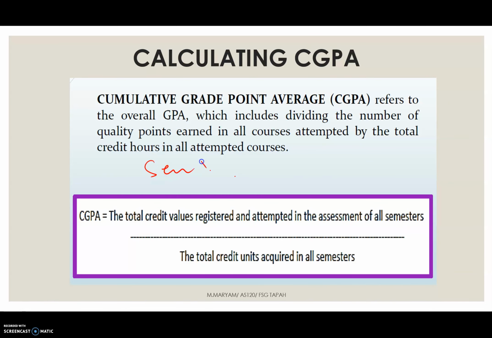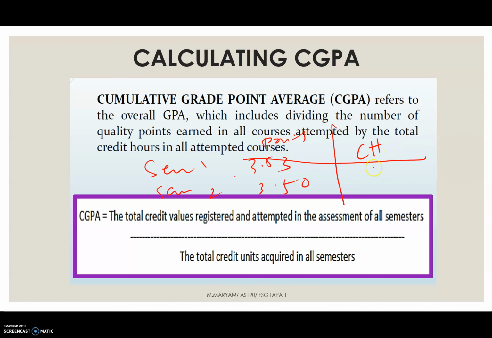So semester 1, 3.53. So let's say semester 2, you get 3.50. Okay, so these are your points for that semester. Now look at the credit hour.